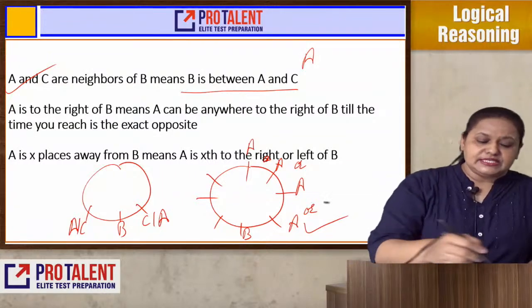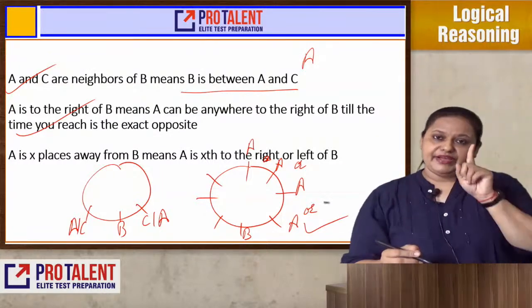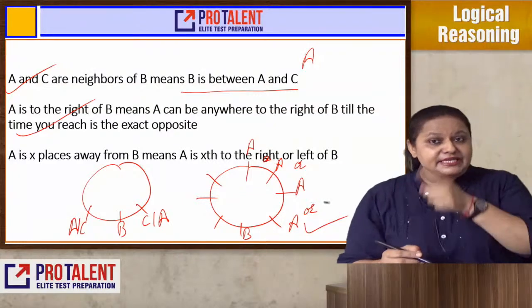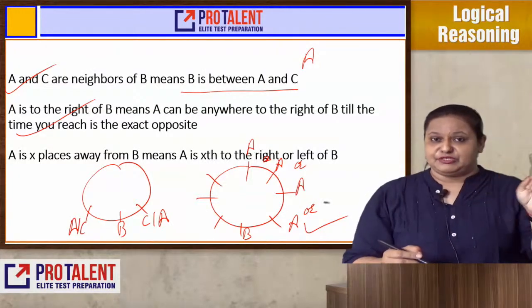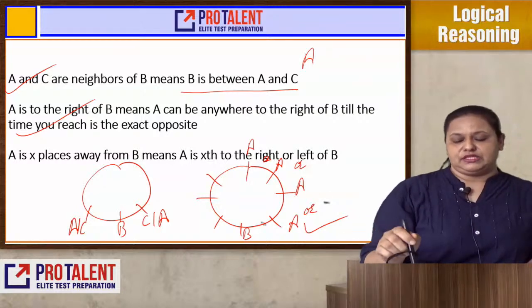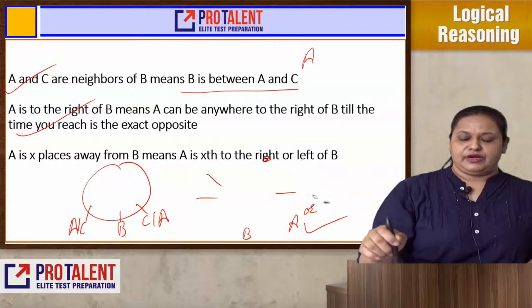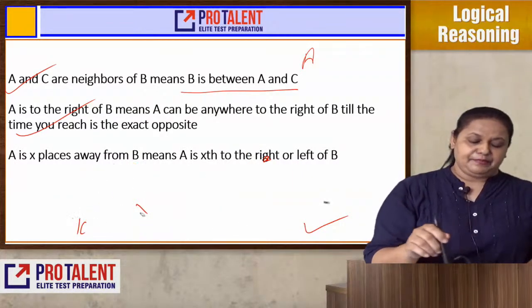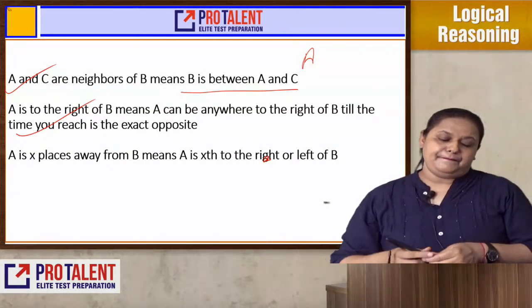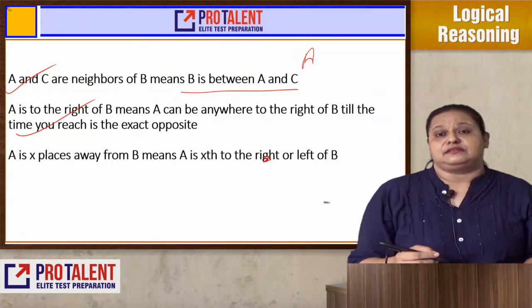Is the second point also clear, that when A is to the right of B and A is to the immediate right of B, there is a difference between the two? Then the third point. It says A is x places away from B, which means A is at the x position.